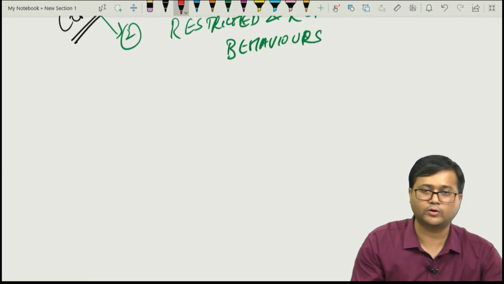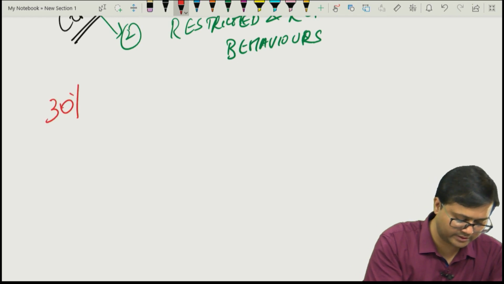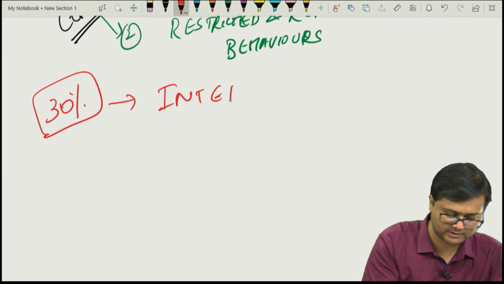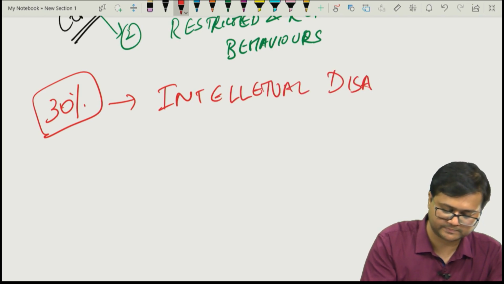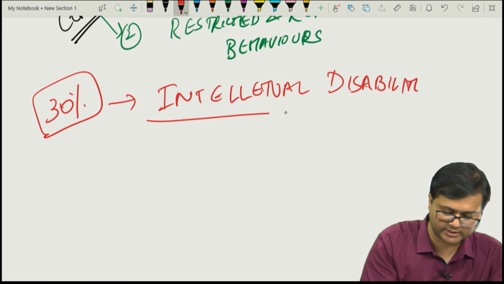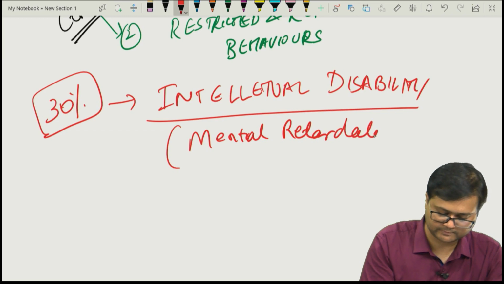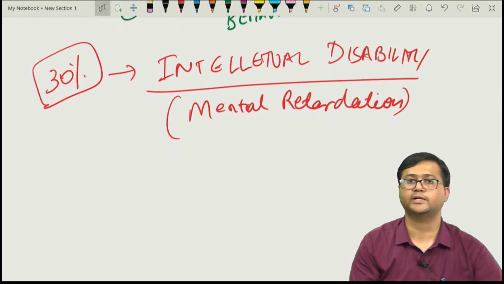Now out of all the children with ASD, around 30% may also have intellectual disability. This intellectual disability is a newer term for what was previously called mental retardation. So 30% may have intellectual disability as well.